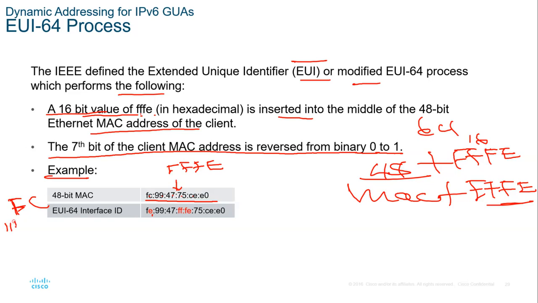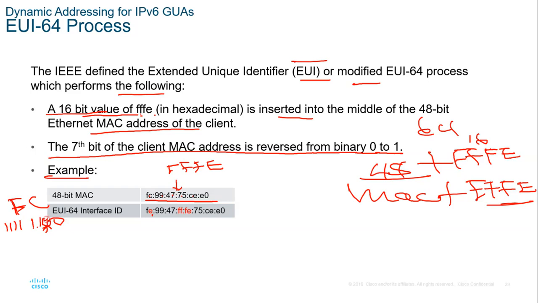This is 1, 1, 1, 1. Then C, it is 12C. So it is H, then 4, then 0. So when you count this, these are 4, 5, 6, 7. So this is the 7th bit and it's a 0. So it's going to be converted to a 1.